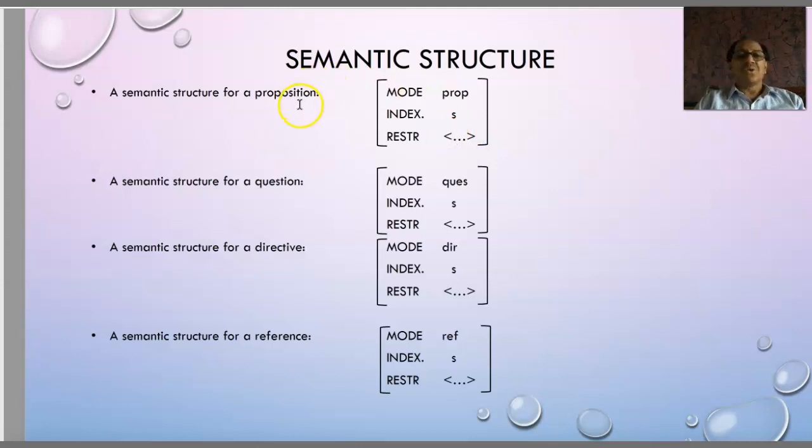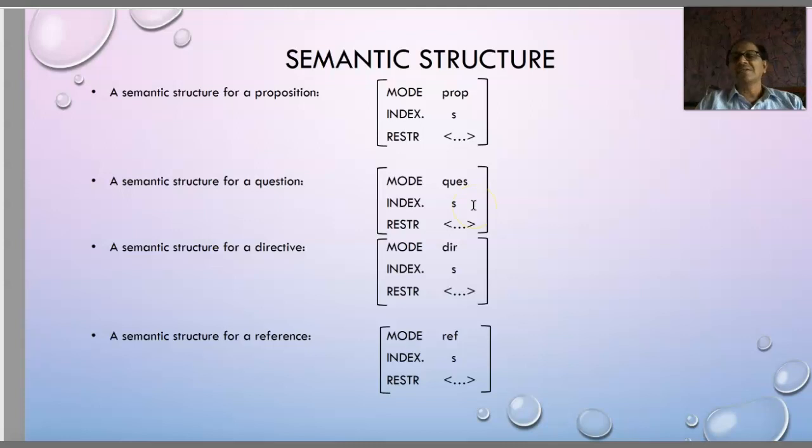Right? So what we are saying here is a proposition will have mode value proposition, and index refers to a situation. Similarly, a question will have the mode question and index again situation S. Whether it's a proposition or a question, there will be only a situation.